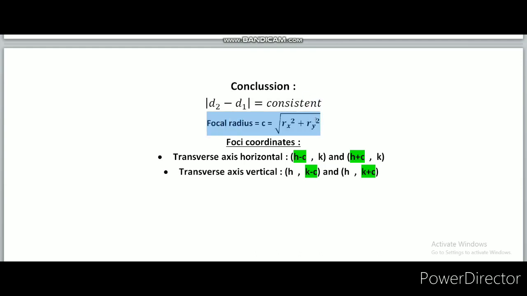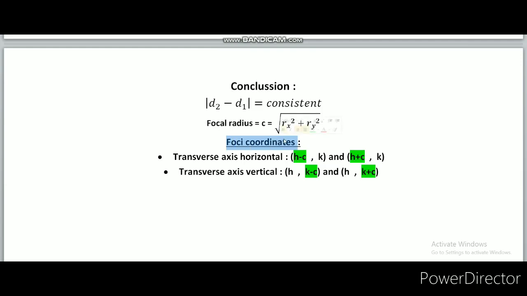So I want you to remember this formula for how to find the focal radius. It's different from the ellipse, since this will be the sum of the squares of your Rx and Ry. For an ellipse, the focal radius is the difference. Okay, be careful, we have different formulas.